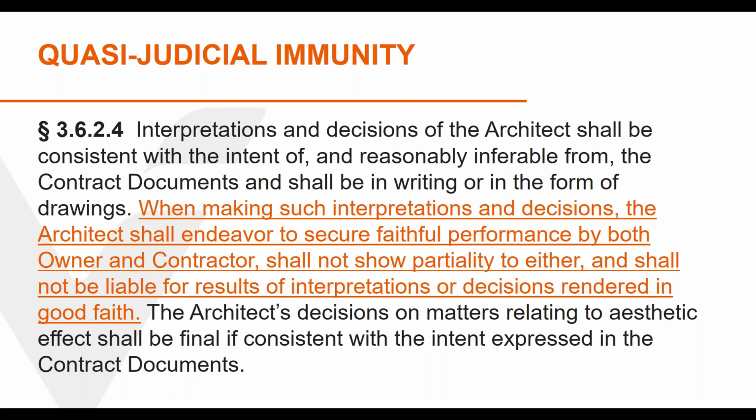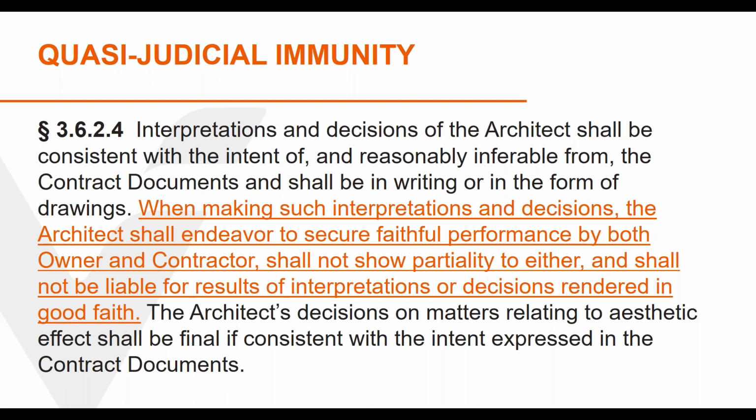Architects really have three roles on most projects traditionally. The architect is a consultant during the design, making recommendations to the client, and the client accepts those recommendations in the final design of the project. The architect is an agent of the client during the construction phase services.